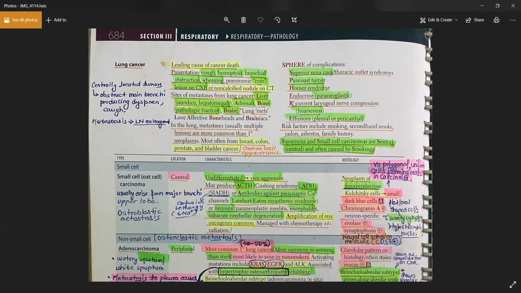Left enters the thorax because it comes near the arch of aorta and winds around it. And the right winds around the subclavian artery. Yes, right subclavian. Good.